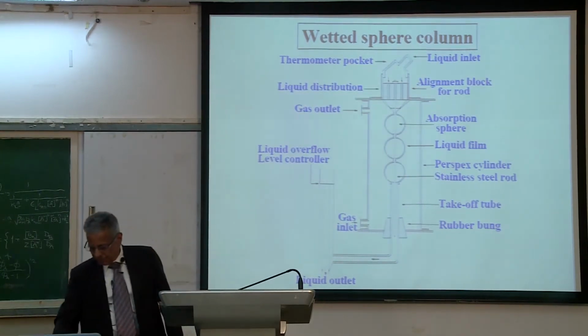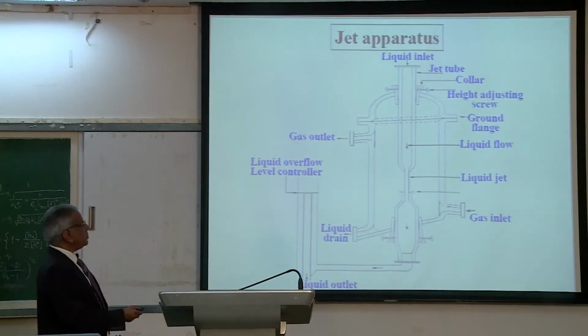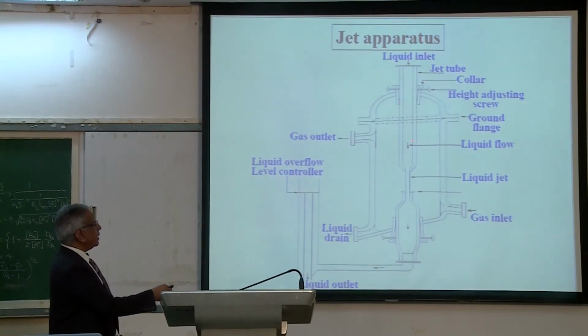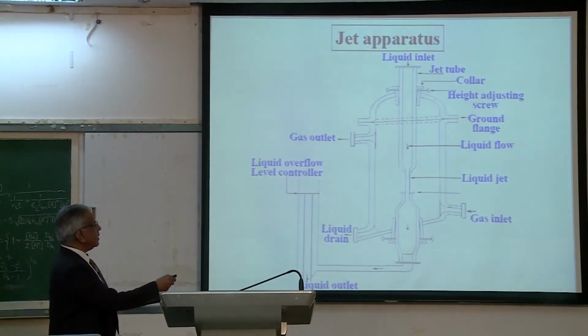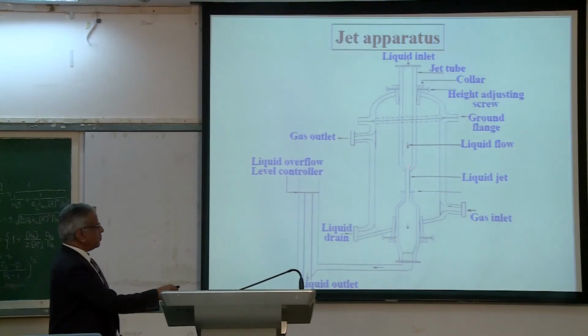The next is the laminar jet. So, this is the liquid inlet. There is gas in the entire cylinder, and there is an outlet of the liquid, there is a nozzle, and liquid flows out in the form of a liquid jet, and there is a receiver for the liquid, and it is received in such a way that there is no gas entrainment here.